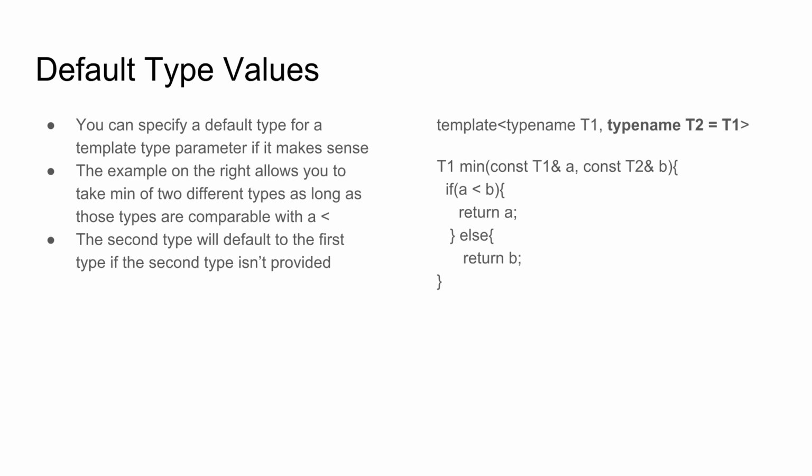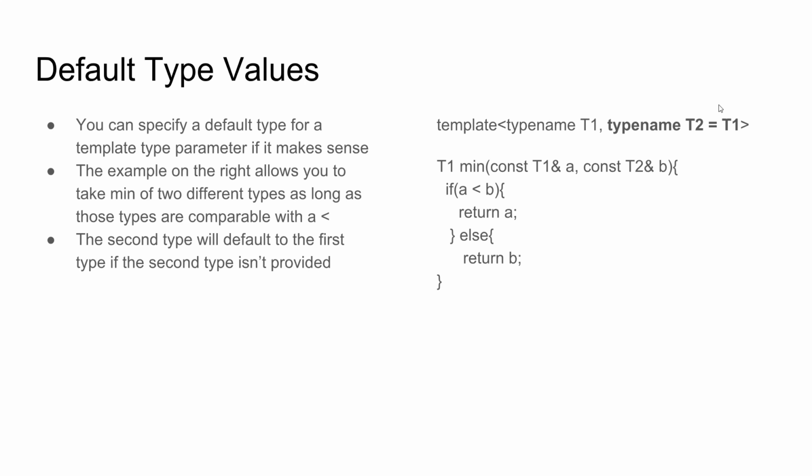If you're not able to say type 1 less than type 2, this code will fail to compile. For example, if you try to say, is an integer less than a string, there is no less than that compares integers and strings, and so it would fail. But you could have this do a min between ints and doubles now, or a double and an integer. Those comparisons do exist.